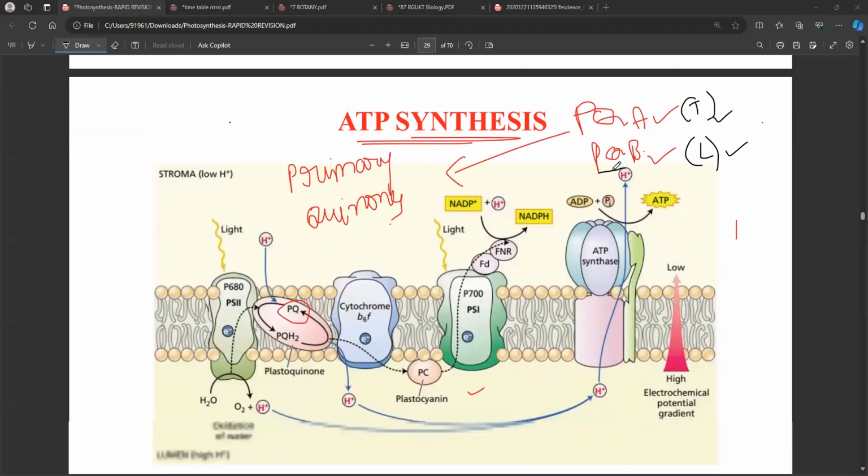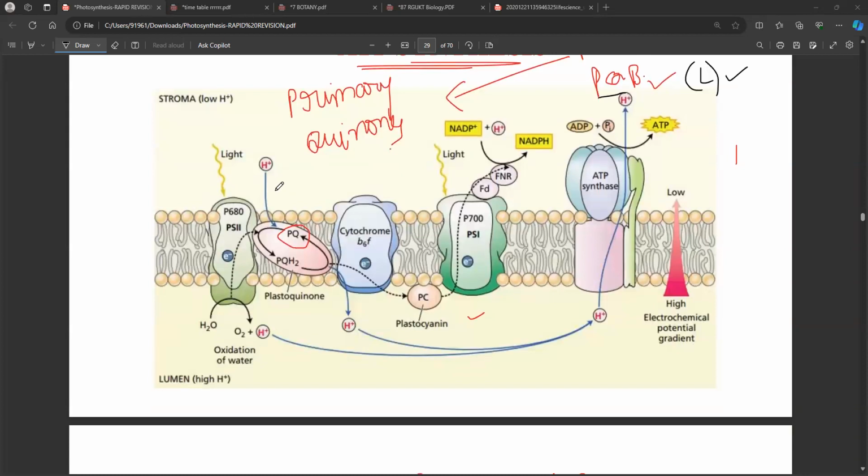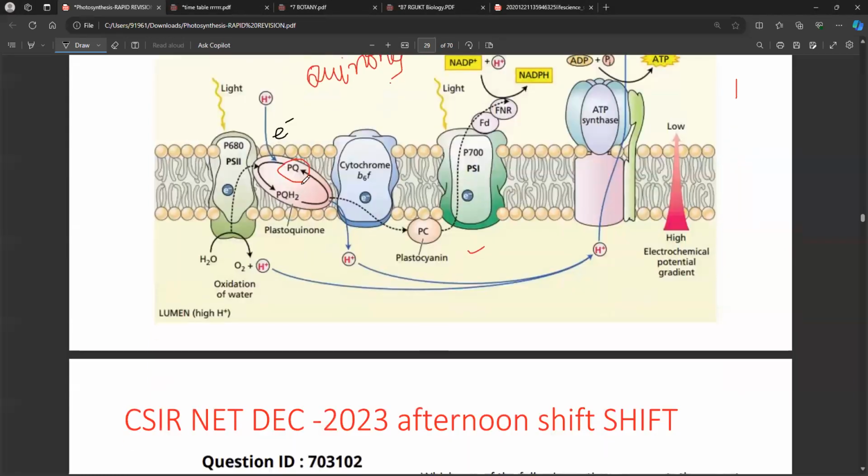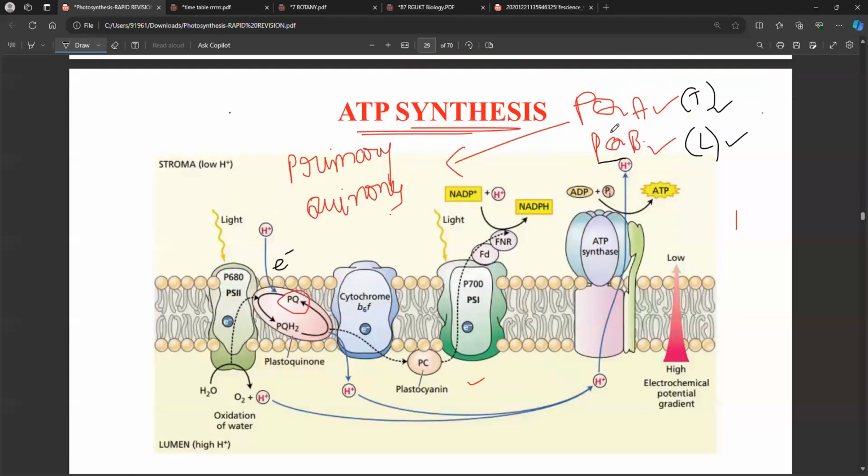So both undergo reduction, right? See, friends, I hope you're getting my point. When the pheophytin donates the electron, plastoquinone A also undergoes reduction, and plastoquinone B also undergoes reduction. But both reduction types are different. Every student has to remember, friends, plastoquinone A gets reduced to plastosemiquinone. You have to remember this compulsorily. If you forget this, you can't answer.